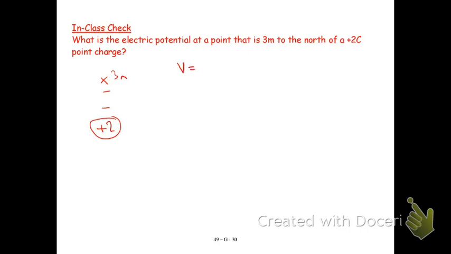My potential is equal to KEQ times 1 over R, which equals KE times 2 over 3, which equals 0.66 KE volts, joules per coulomb if you like, or volts. So it just falls out.